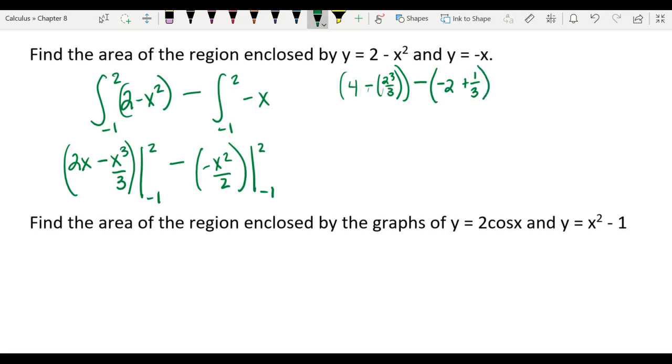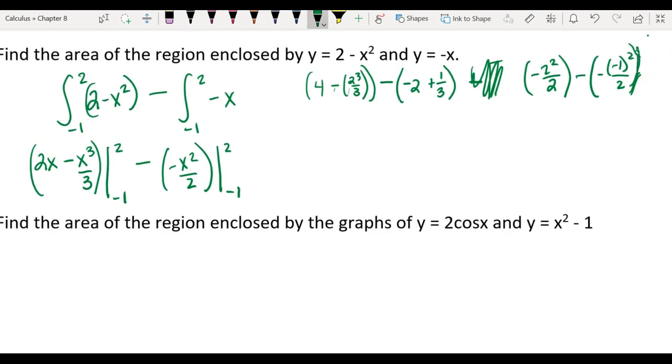Okay. And then I'm going to separate this. Actually, no, I'll just put minus. No, let's separate it. All right, I'm going to separate it. So then we're going to do -2 squared over 2 minus a -1 squared over 2. So notice how when I plugged in the -1, in the second one I used parentheses around the -1.